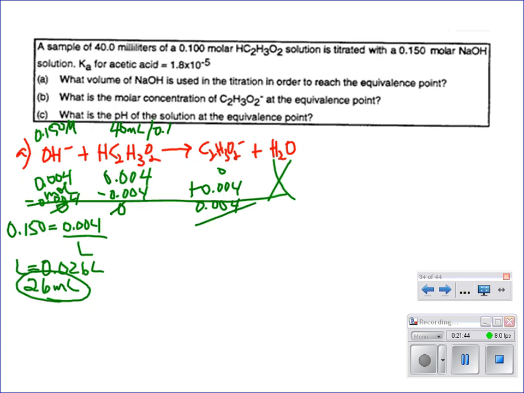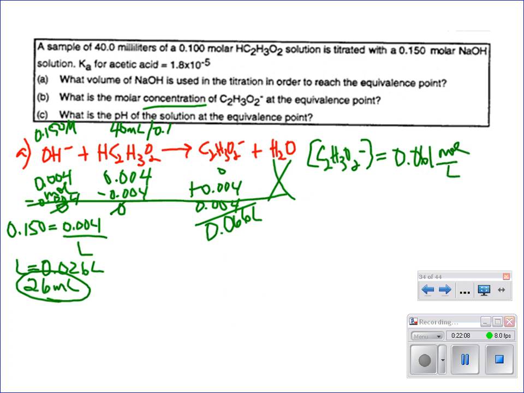No, they want concentration of this acetate. So what do I divide that by? Total volume of 66 mL, or 0.066 liters. So what's my concentration of acetate? 0.061. All right. That's done with part B.